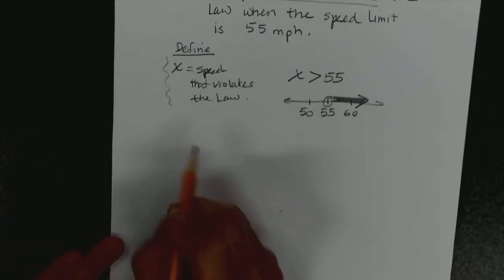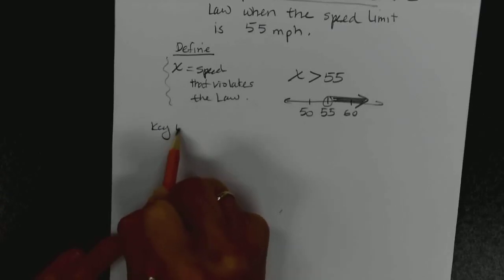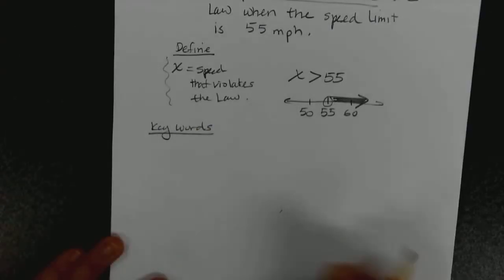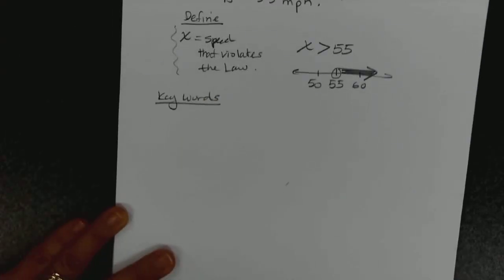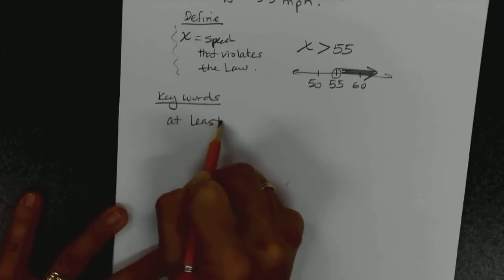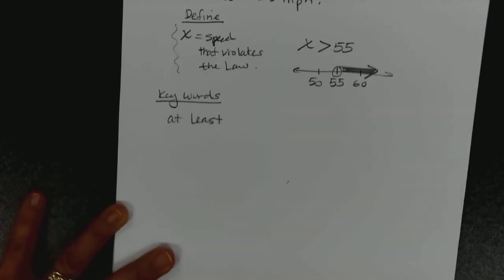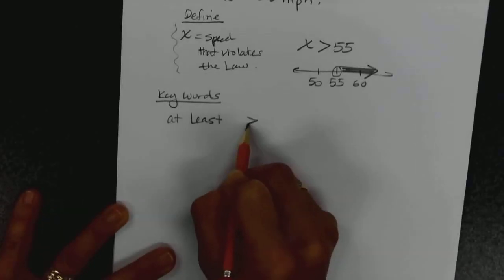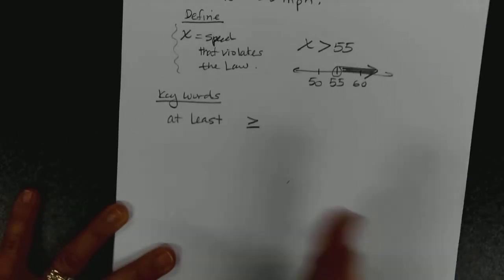So let me give you some keywords. This is going to be helpful, I think. Sorry, it's a lot of notes, huh? All right, ready? The words at least mean minimum. So the inequality you're going to use for this is greater than or equal to.